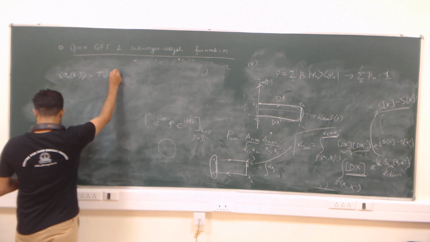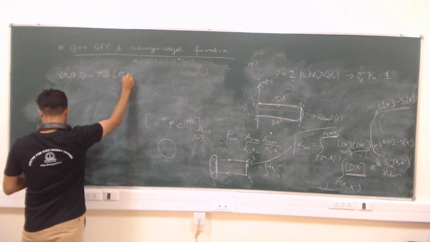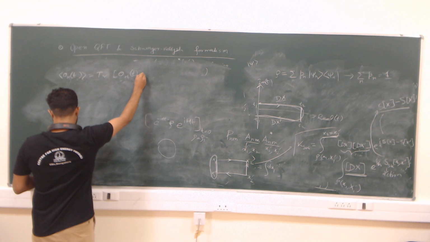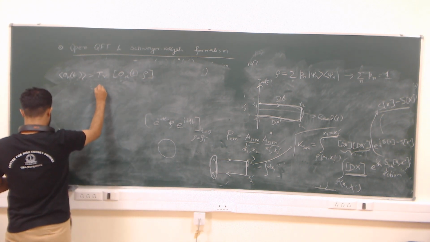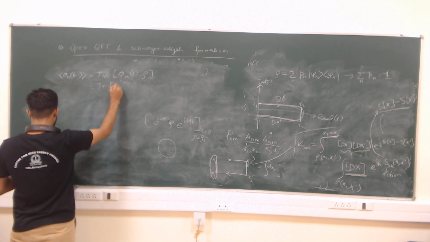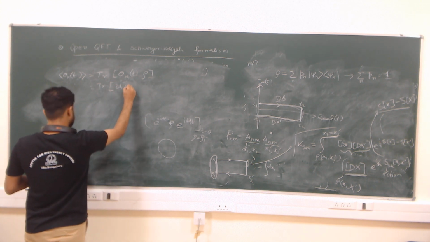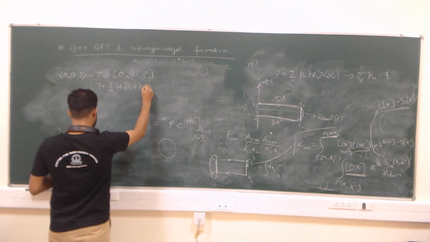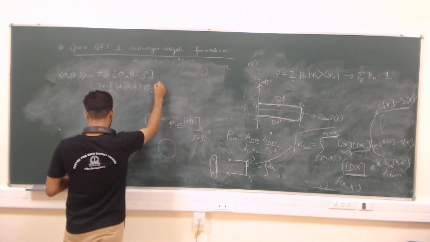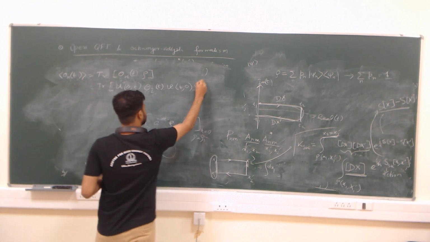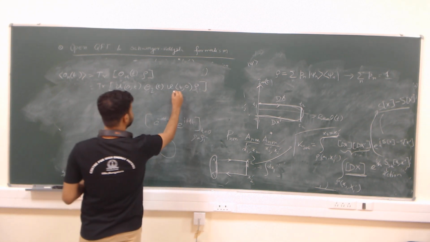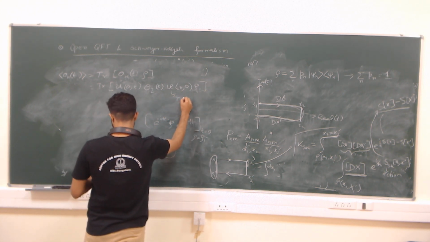This we know is the case of the interaction picture. This will become 0. This is again this time-ordered exponential.